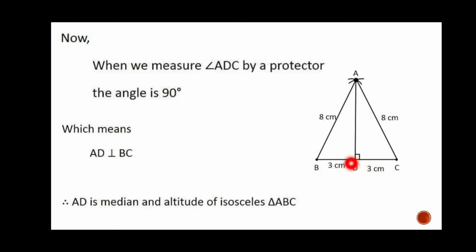Here AD divides the opposite side BC into two equal parts, 3 centimeter and 3 centimeter. And the second case, of altitude, where it makes an angle of 90 degrees: the line AD is perpendicular to BC. So we have proved that in an isosceles triangle ABC, AD is both median and altitude.